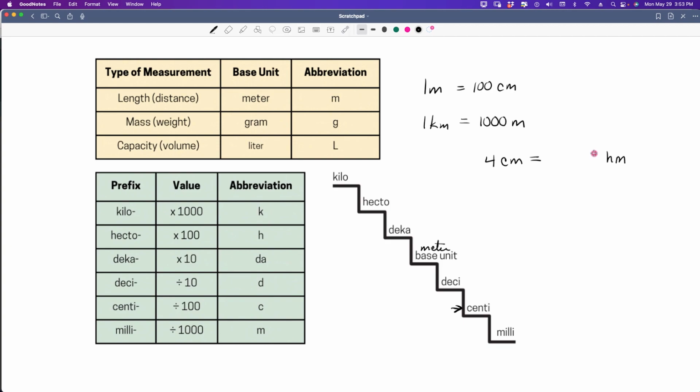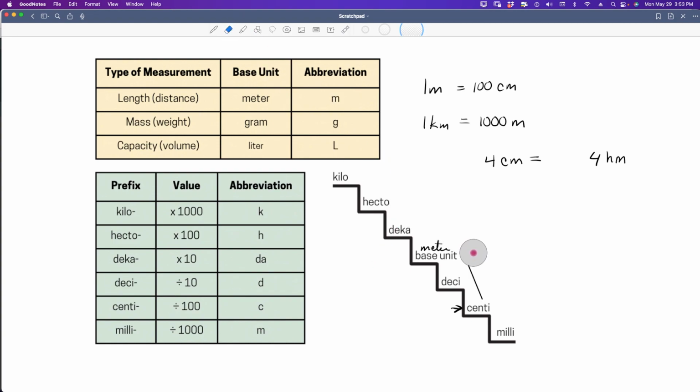So I'm going to put 4 hectometers because I know that I'm going to go to the left, because it is this direction from centi. It's to the left of centi. So I'm going to count the number of steps that I have to take. So 1, 2, 3, 4 steps to get to hectometer.